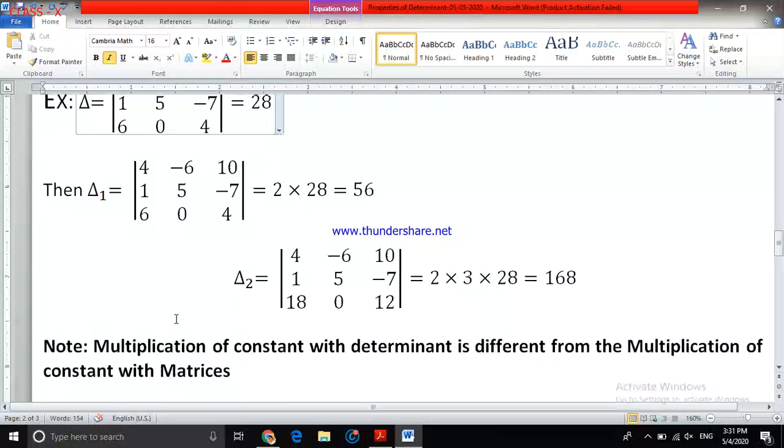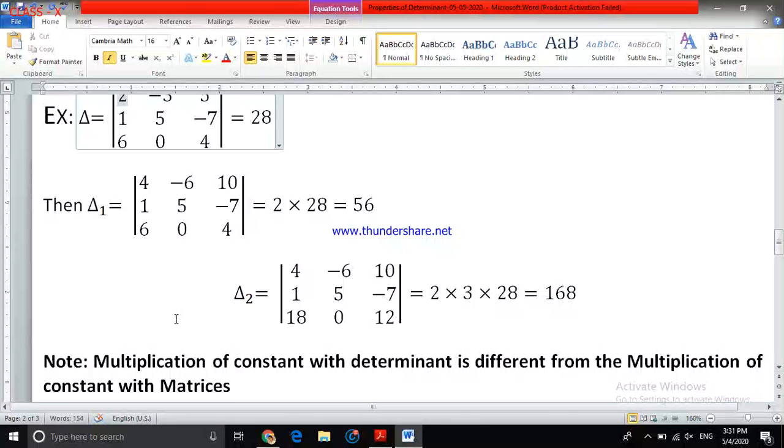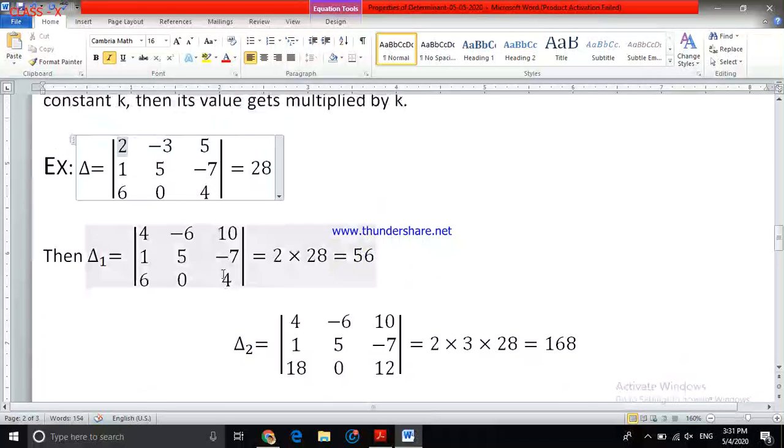Similarly, in a matrix, if I want to take something common, you have to take it common from each and every element of the matrix. But in the determinant, if a constant is multiplied with one row, then I can take it out of the determinant. For example, here you have 2, minus 3, 5, 1, 5, minus 2 and 6, 0, 4.